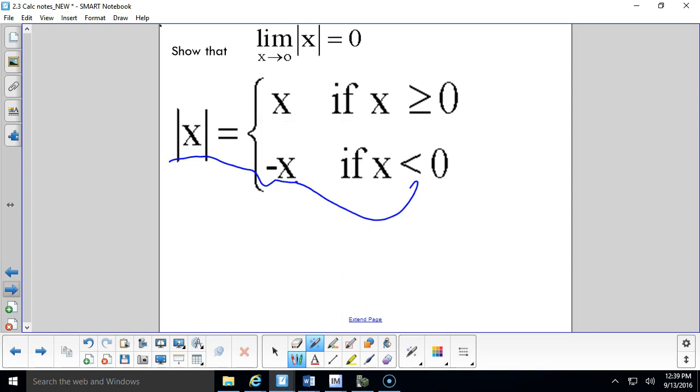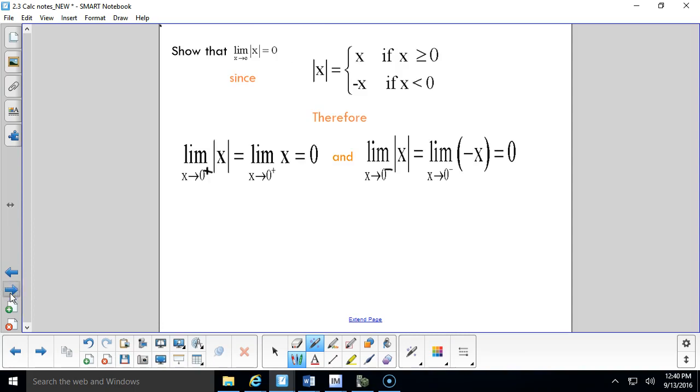So now listen to the limits. The limit from the left has to equal the limit from the right. If I say, show that a limit exists, you need to show the limit from the left is equal to the limit from the right. So, to show that this limit exists, I'm first going to look at it from the right. If I come to 0 from the right, what does that mean about the absolute value of x?